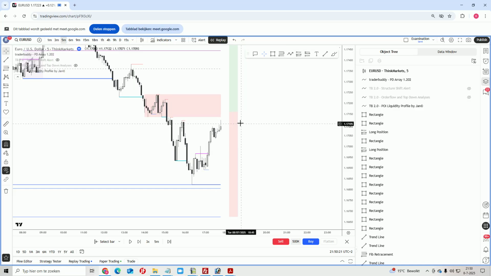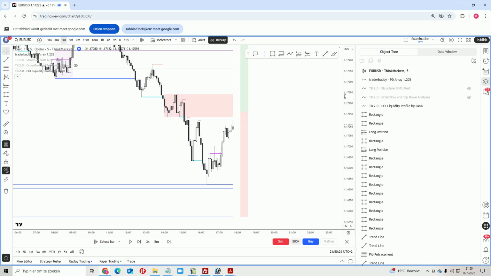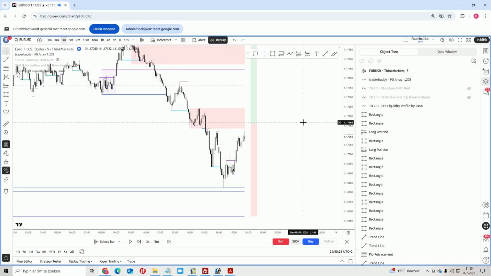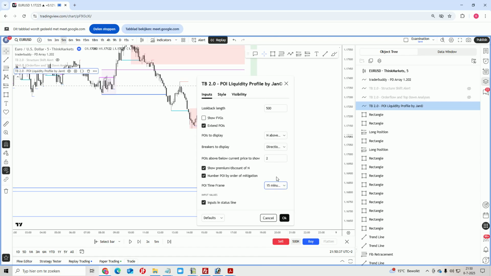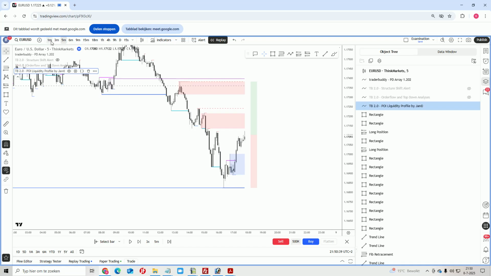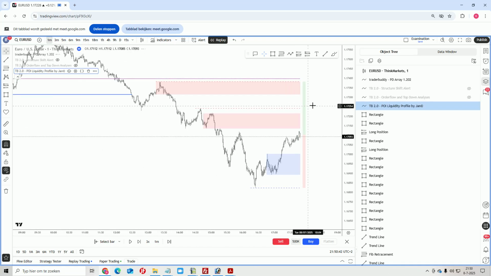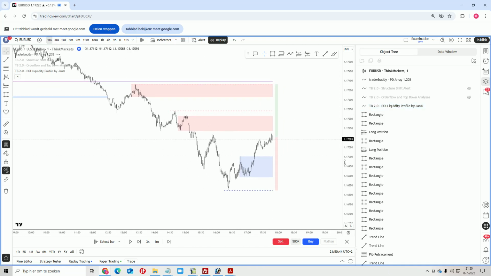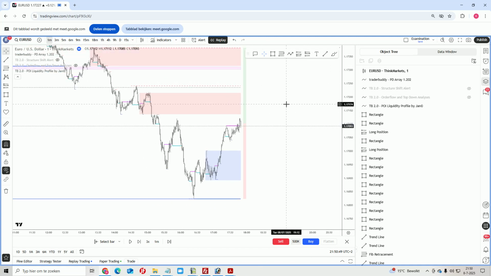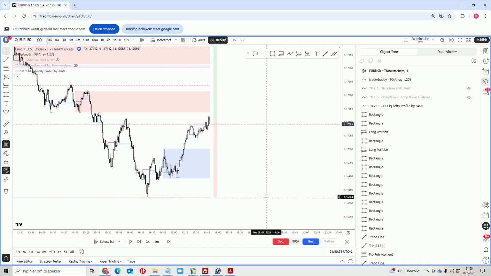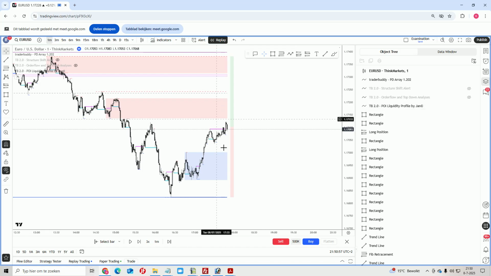So first off, you were looking for a short. And maybe you were on a lower time frame and only checking 15-minute and then on the 1 minute. But that is the danger if you only look at one time frame. But this was the profile. 15-minute higher time frame POIs on the screen here.